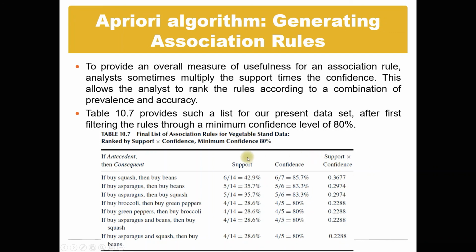Right? There are different other ways, or you can look at the support and confidence multiplied together. For example, here you see that this is the strongest rule because it has the highest support times confidence. You can sort these rules in terms of their support times confidence, or in terms of support itself, or in terms of confidence.